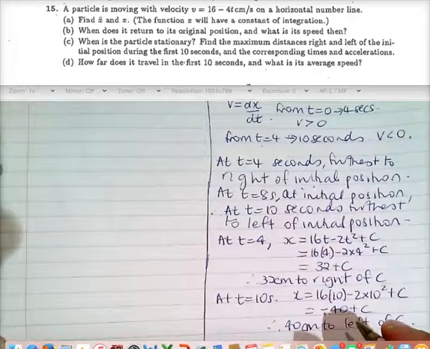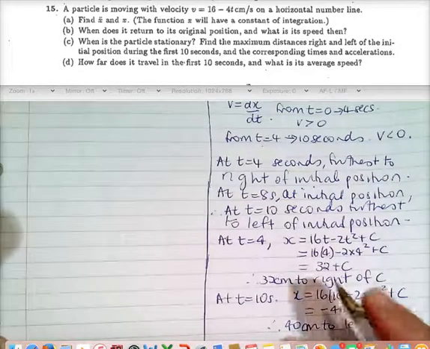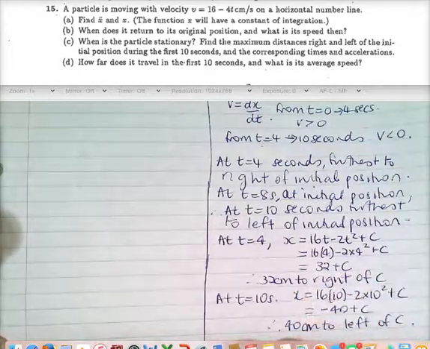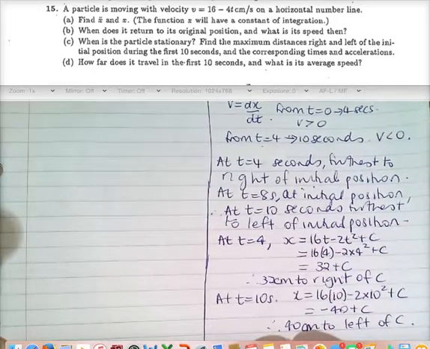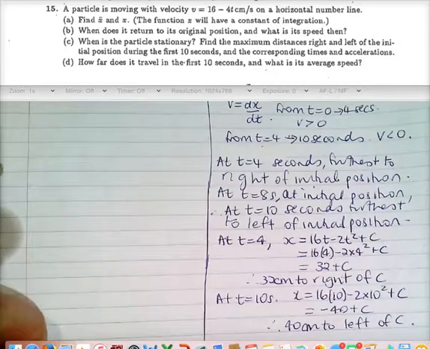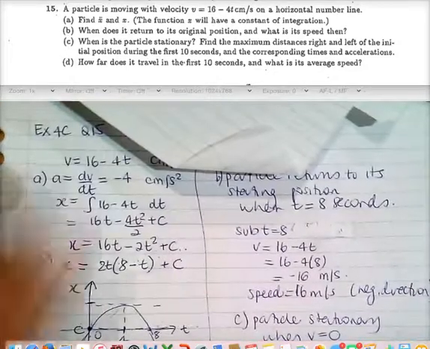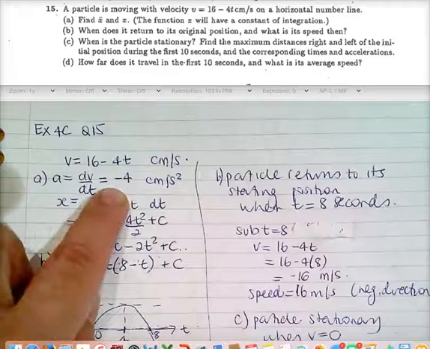Now looking at this, part C still, and the corresponding times, we've got those, but the accelerations. So acceleration, we know is constant negative 4.